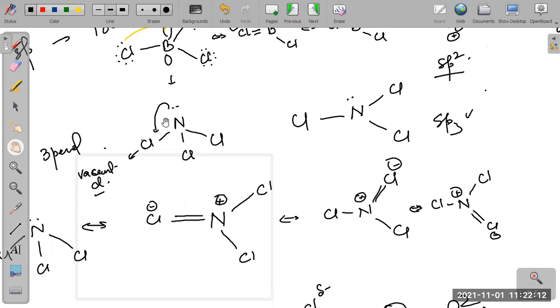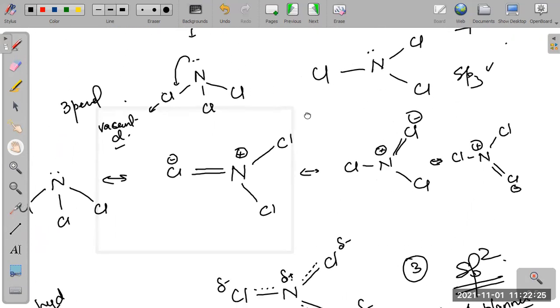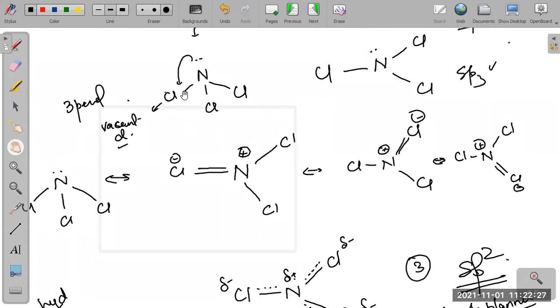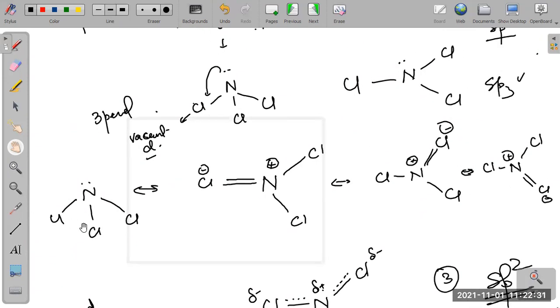Here the vacant d orbital of the chlorine atom participates in delocalization to accommodate the lone pair of electrons of nitrogen. So what is happening is the formation of a double bond in NCl3.